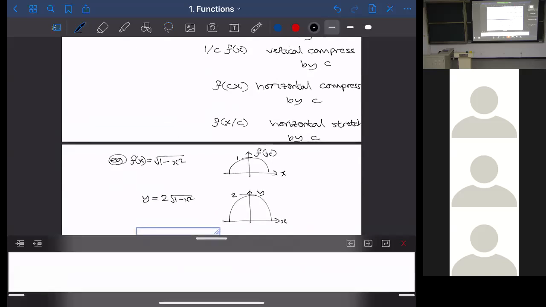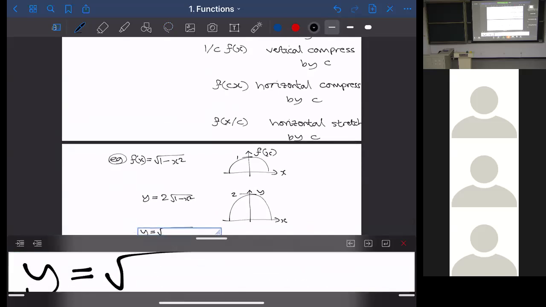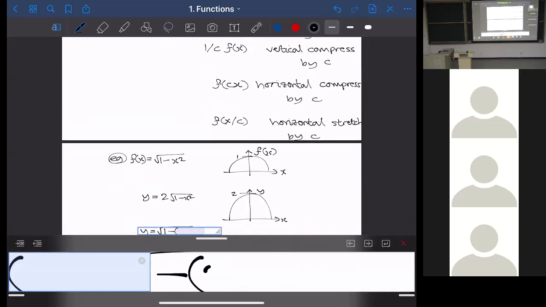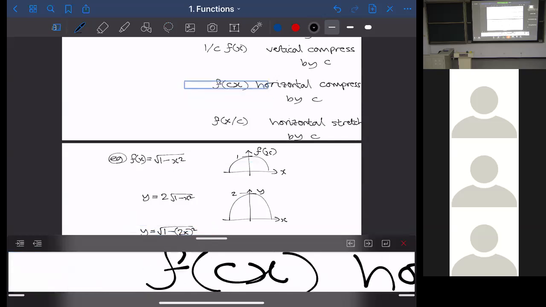And let's do one more example. If I graph y equals 1 minus 2x squared, this is the case when I have a function and before I do the function I multiply by 2. So that's saying we do a horizontal compress.